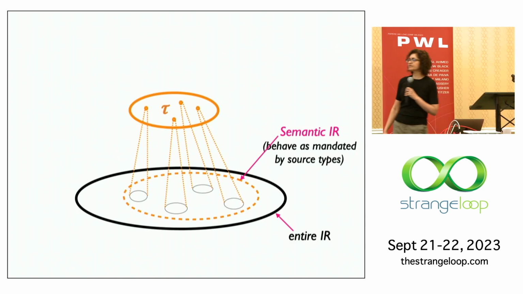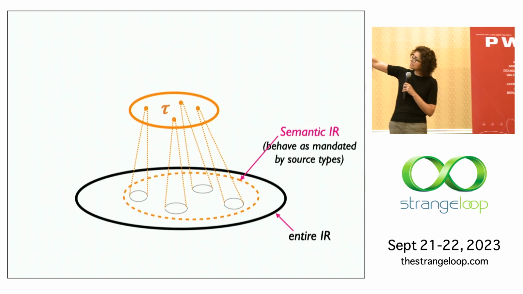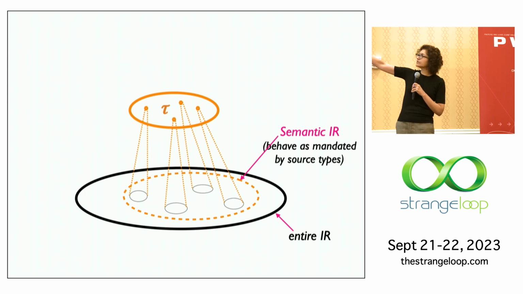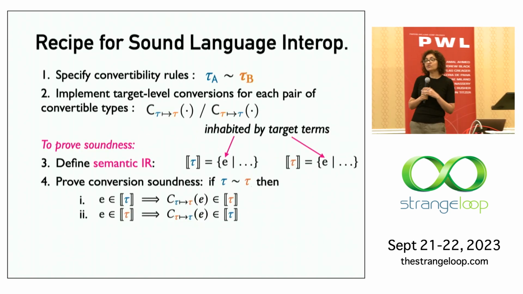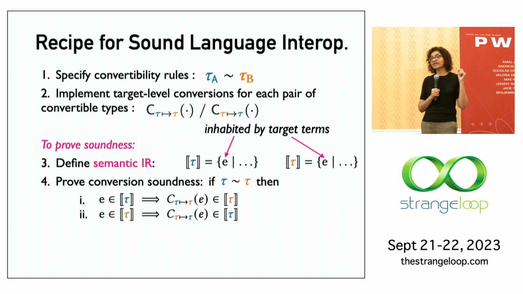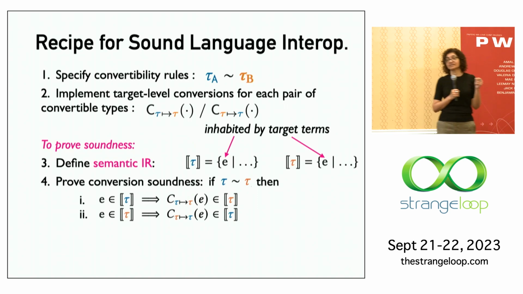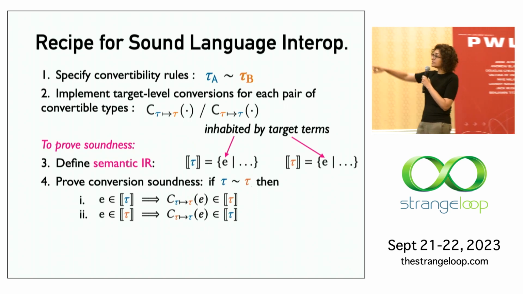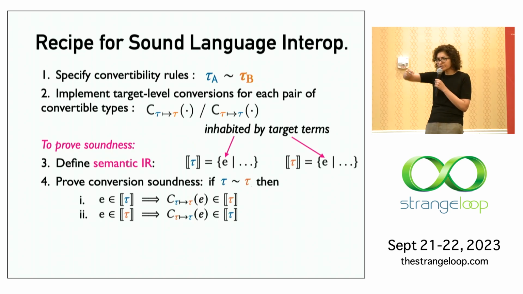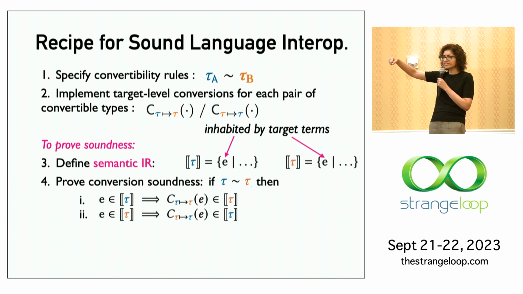And basically what we're trying to do is capture the space of the IR, or the target language, which gives us those well-behaved types. Once you've done that, you can use this model to prove that your conversions are safe, okay? And all you're trying to do is prove the following thing, that for every single convertibility rule that you wrote down, this particular blue type can be converted to orange and vice versa.